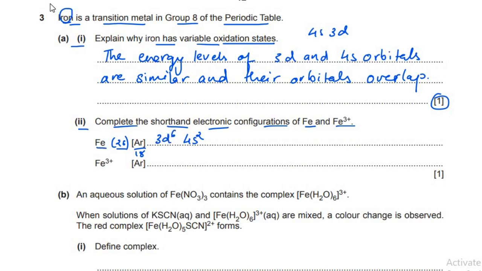So here is Fe. Now for Fe3+, we need to remove 3 electrons, and the electrons go out of 4s first. So if we remove 2 electrons, 1 more electron comes from 3d, and so we are left with 5 electrons in 3d orbitals. So we have argon 3d5. That's done with the first part.